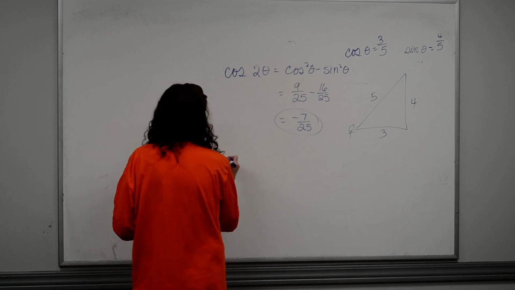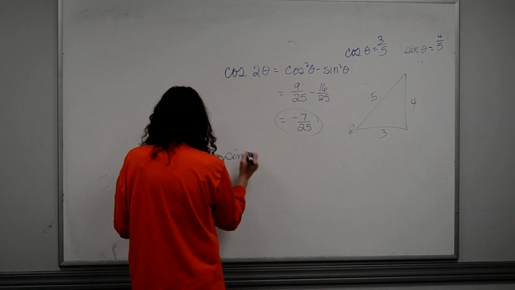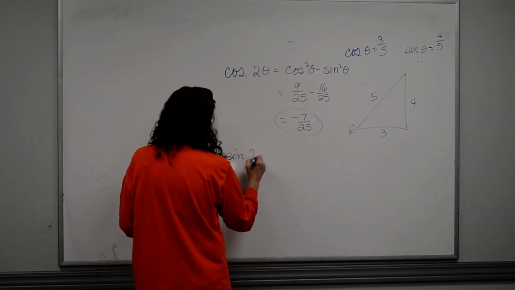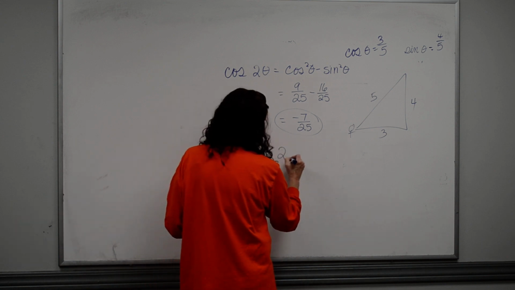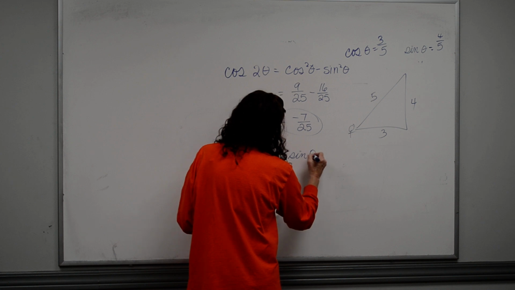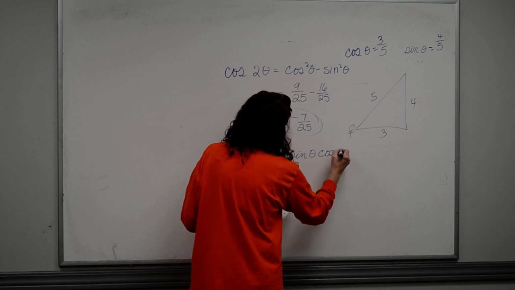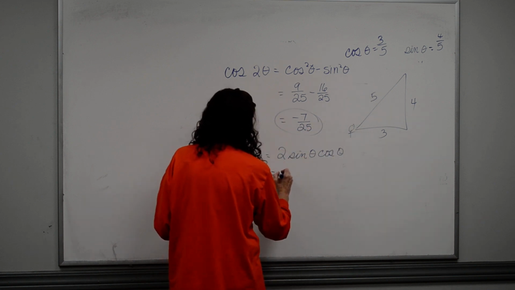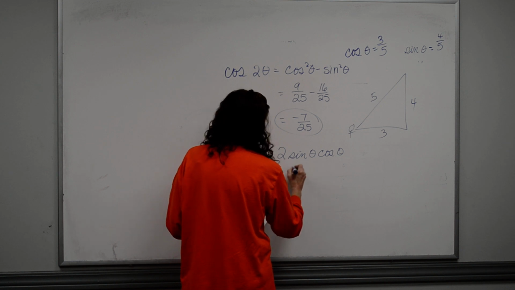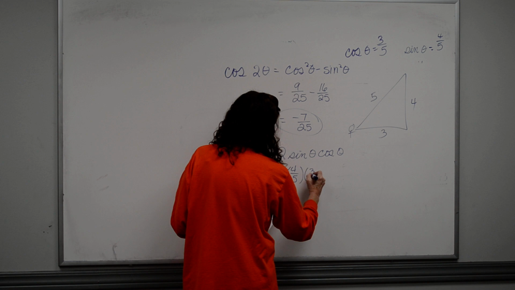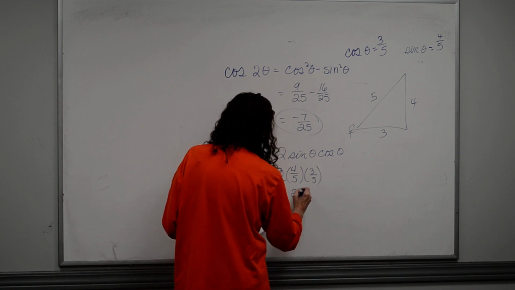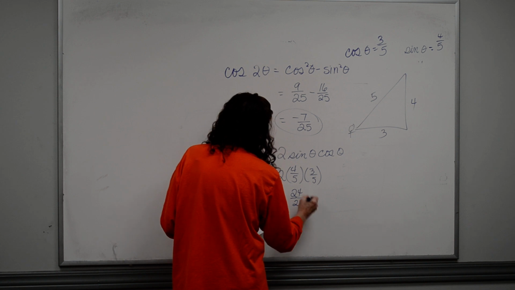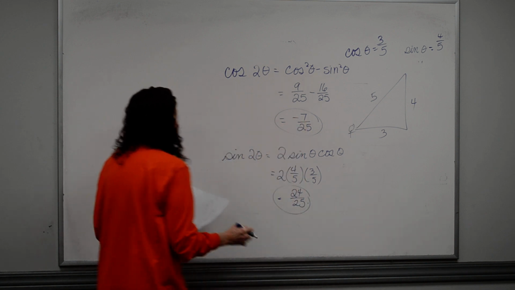Actually, this is 30, because I need both of these to be able to do 33. The sine of 2 theta, I'm going to use this identity, but I'm still using that stuff up there. So it's 2 times 4 over 5 times 3 over 5, which gives me 24 over 25. So I have this answer and that answer.